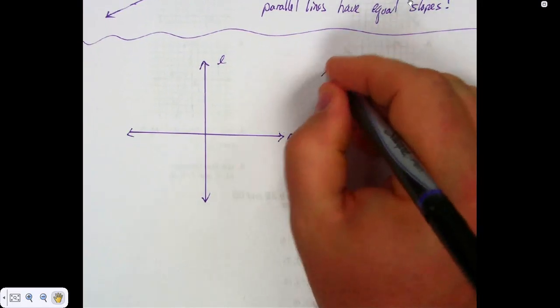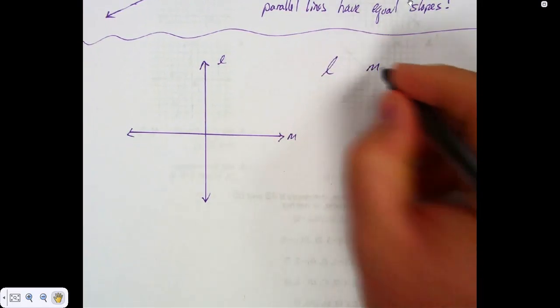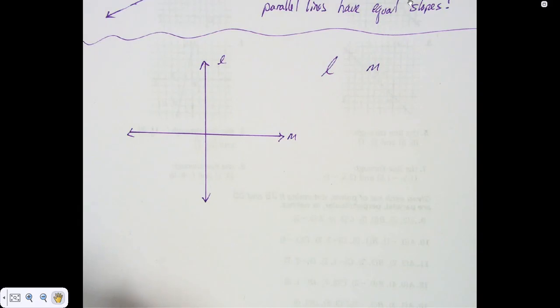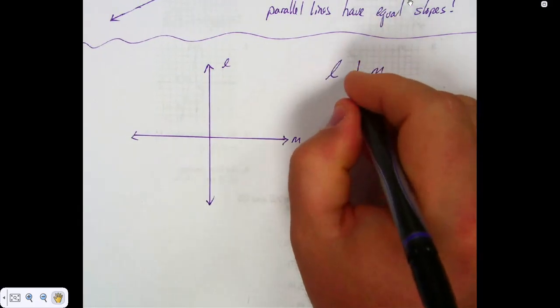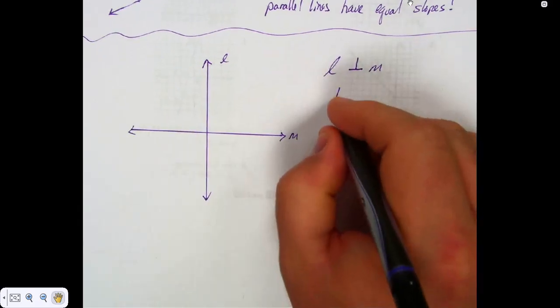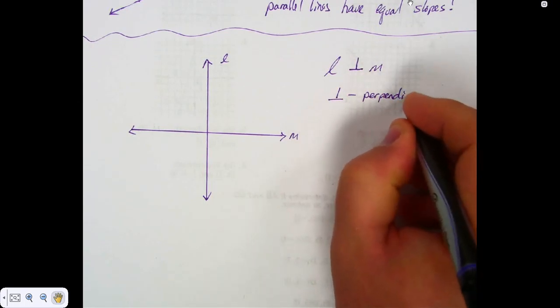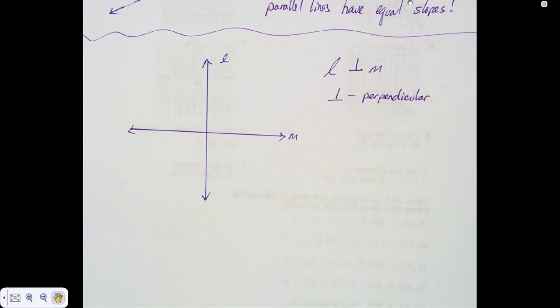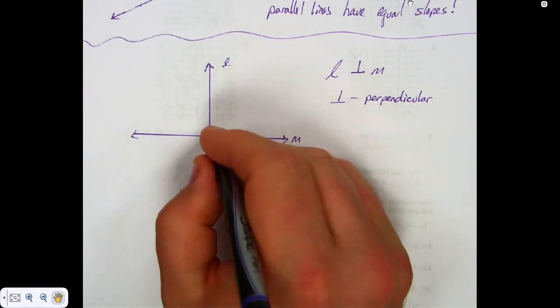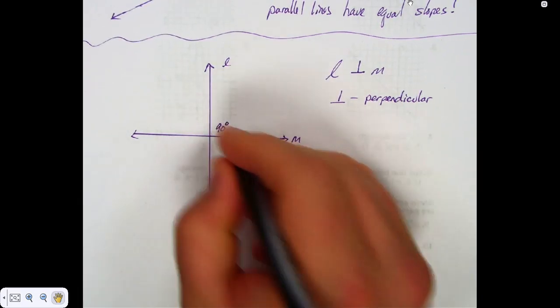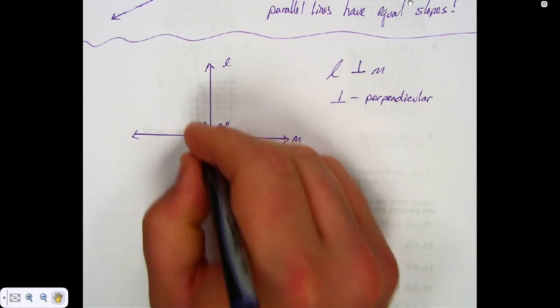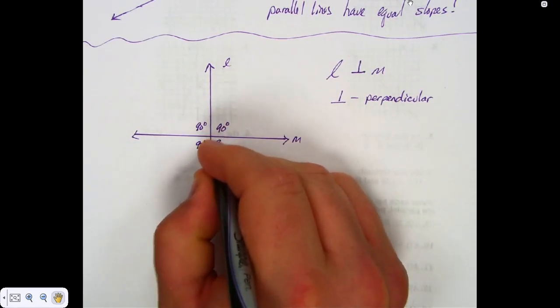They intersect, but there's something special. You guys know what this sign means? Perpendicular. They are perpendicular. You know what that means? They intersect to form a what? Right angle. Right angle, 4 90-degree angles, right?